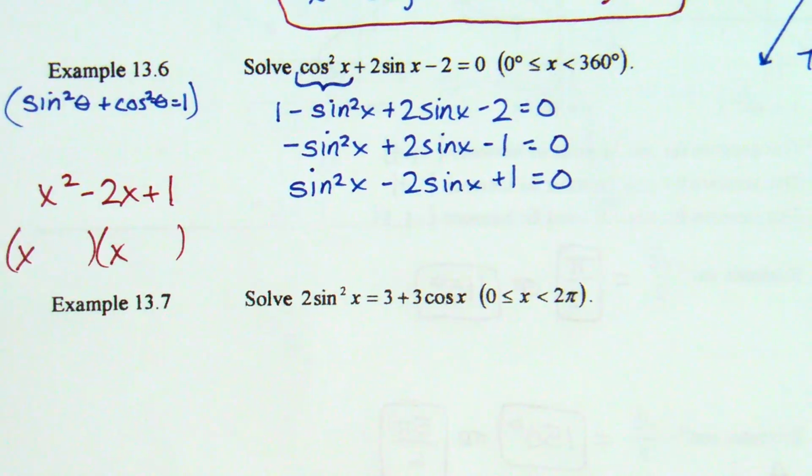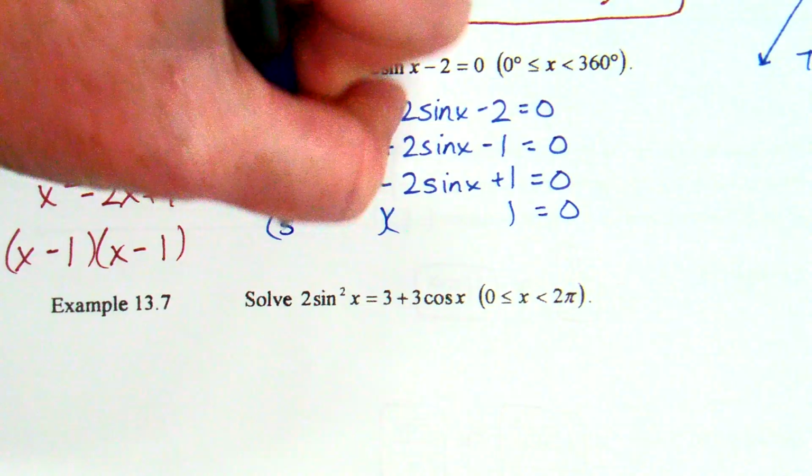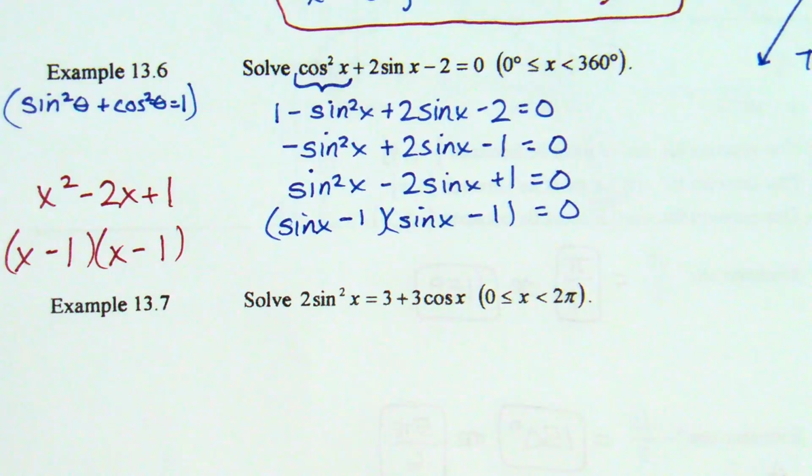So, we're going to do the same thing here. 2 parentheses. Sine squared x breaks into sine x times sine x. It's still what multiplies to be 1 and adds to be negative 2. It's still minus 1, minus 1. So basically, I just took my x's and replaced them with sine x's.